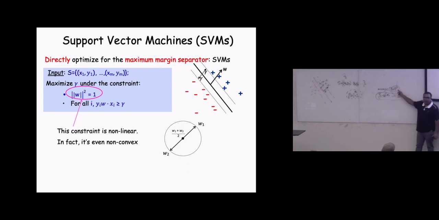So now you can again go back to the literature of optimization, and there is an optimization technique. There is a huge bunch of techniques that does quadratic optimization. And there also, you need constraints to be linear, which is fine here.